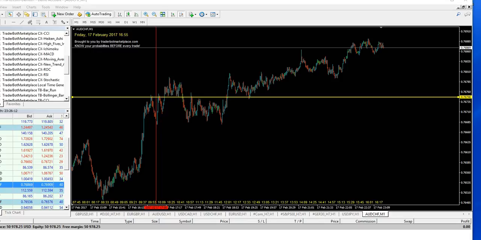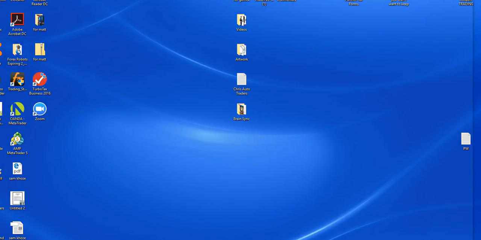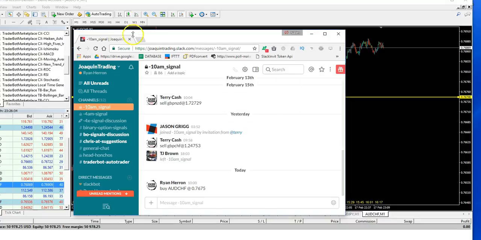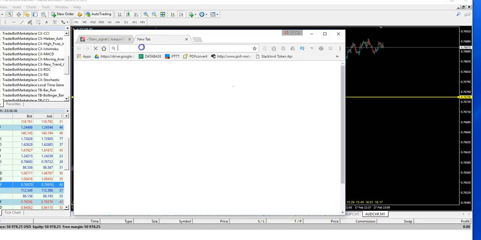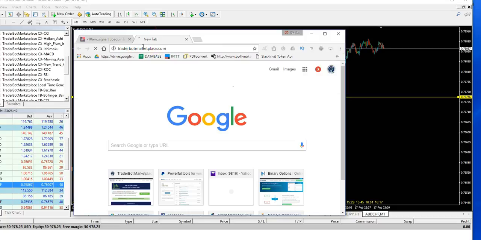Okay. Chat asks for a screenshot of the parameters. Hang on a second. Where's my thing here?